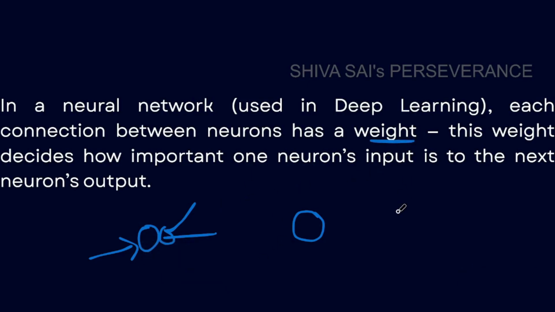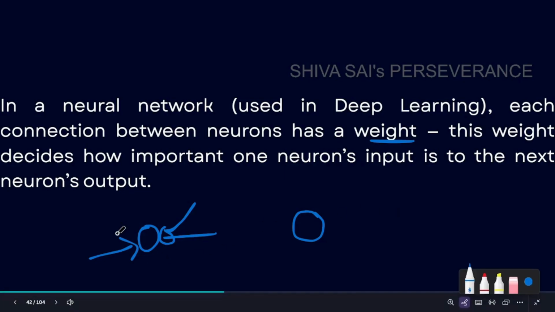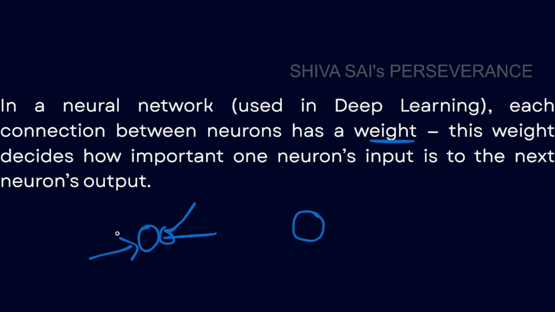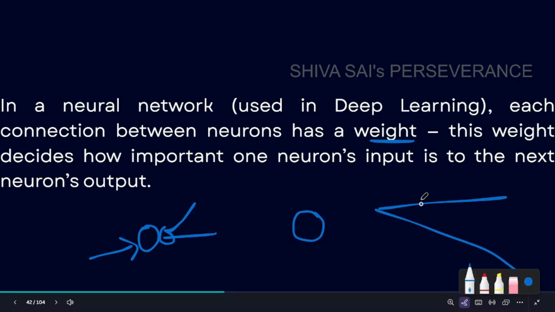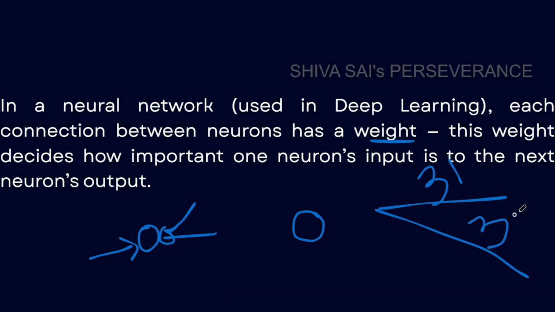Even here we have some algorithms which will be internally used by the system, where the input is passed and the output is produced. Maybe this is one connection, this is another connection. So we have a weight of 31 here and a weight of 35 here. The weight decides how important one neuron's input is to the next neuron's output. This is decided by the weight.